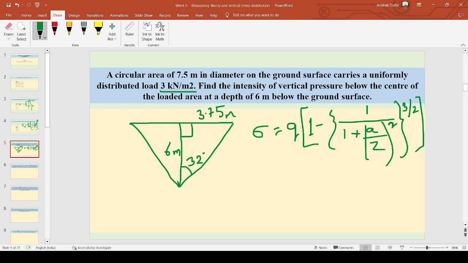If you have joined now, you can just write down from the current ongoing question. We're dealing with vertical stress distribution. So q into 1 minus 1 by (1 plus (a by z) whole square).